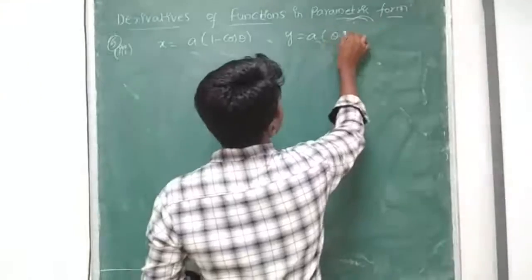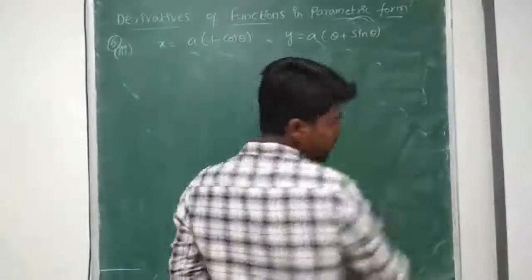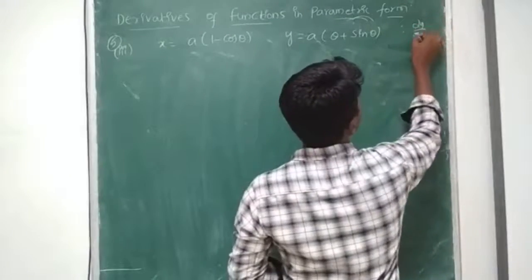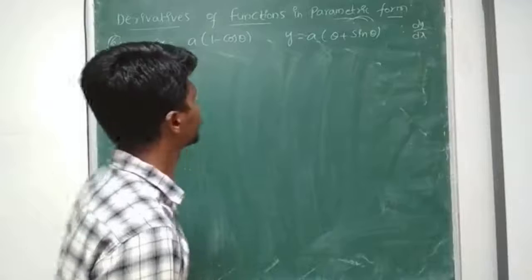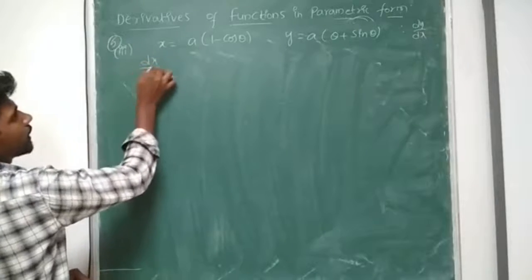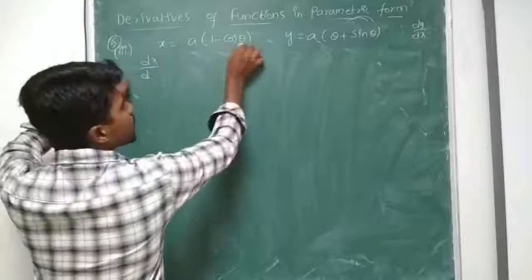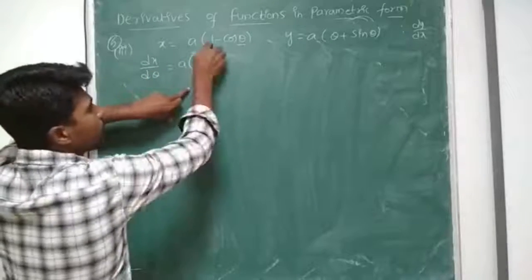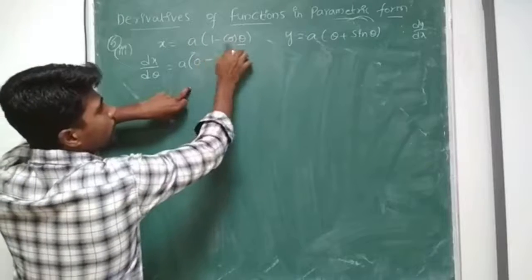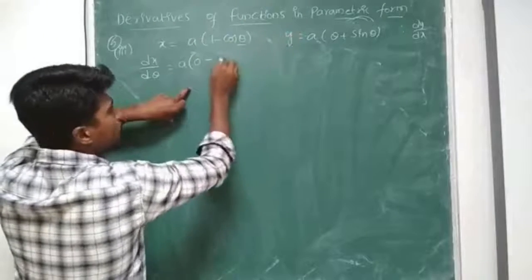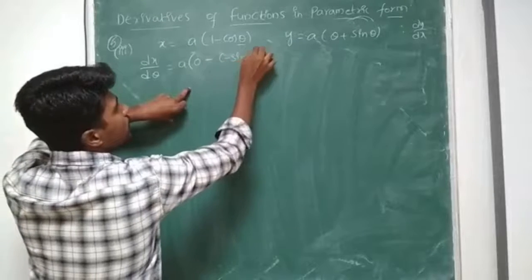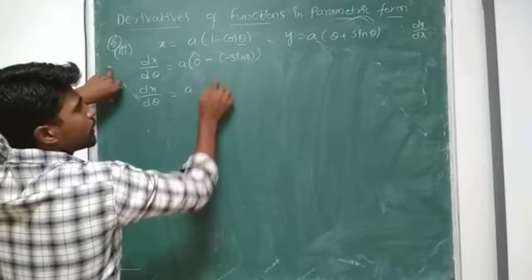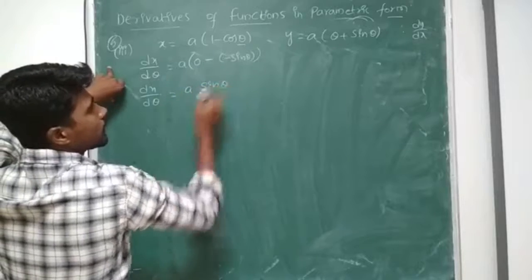Find dy by dx. So first I will find dx by d theta, because the functions are defined in terms of theta. A is a constant, a into the differentiation of 1 which is 0, minus the differentiation of cos theta with respect to theta, minus sin theta. Therefore dx by d theta is equal to a into sin theta.